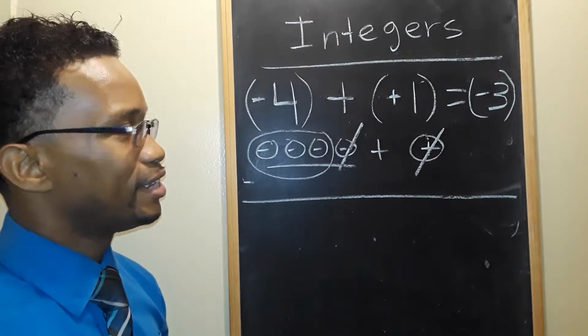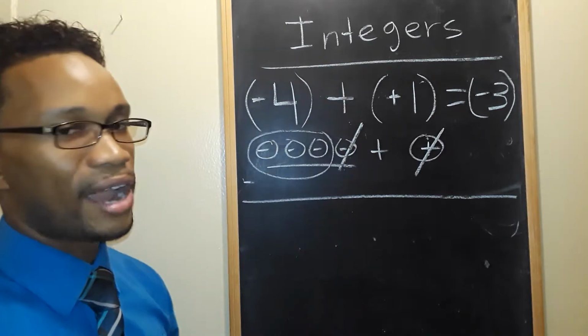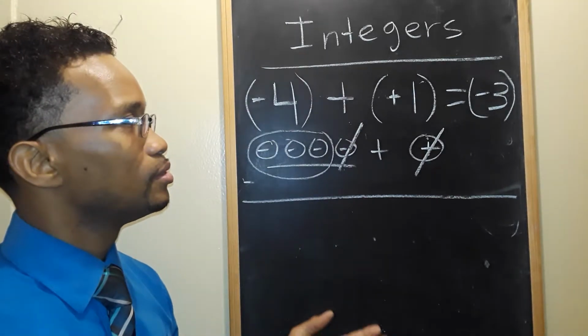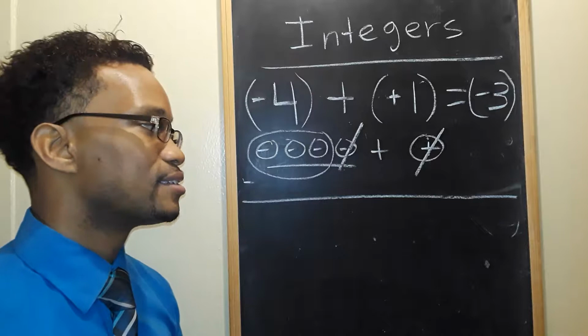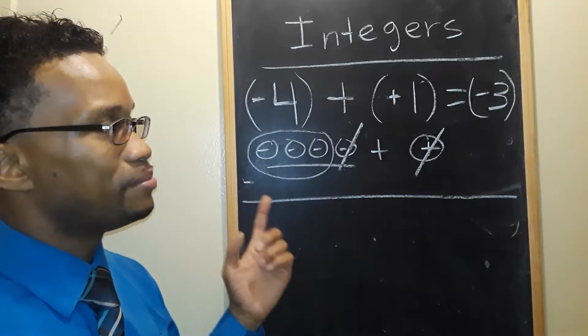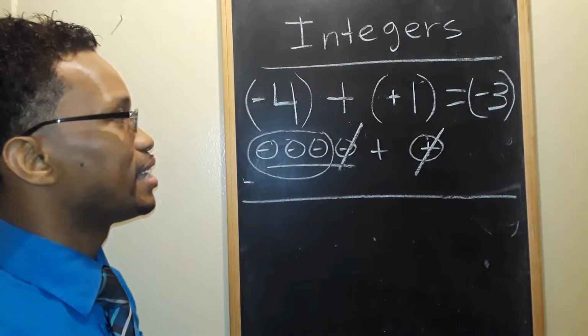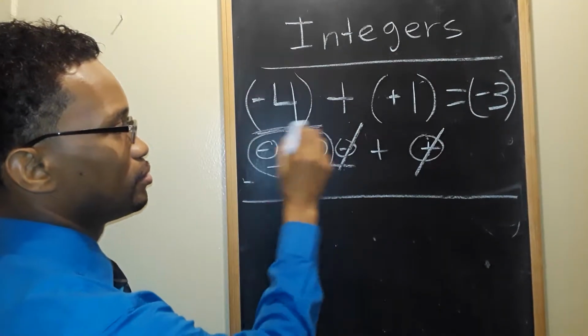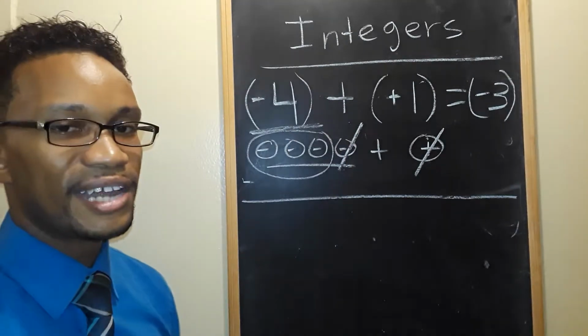Another good way to think about it is as if you're subtracting. When you're adding 2 integers of different signs, you're basically subtracting, and you have to keep the sign of the higher absolute value. In this case, the number that looks bigger is negative 4.